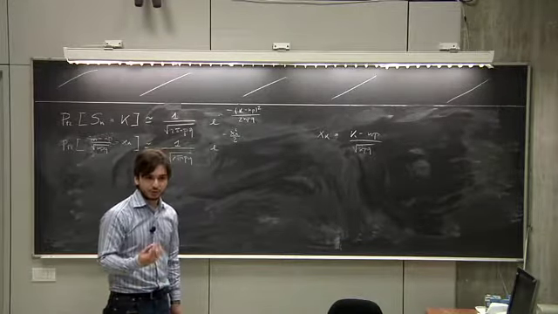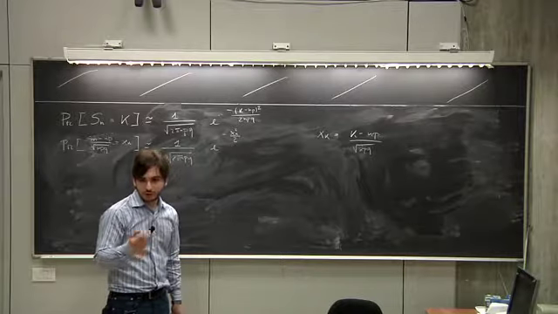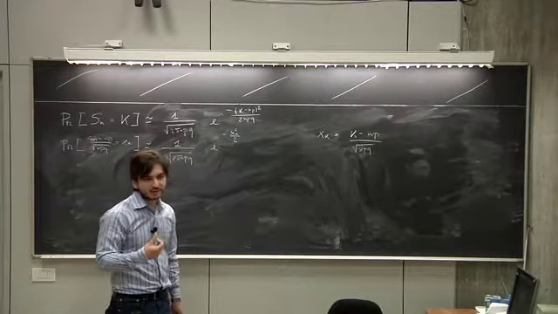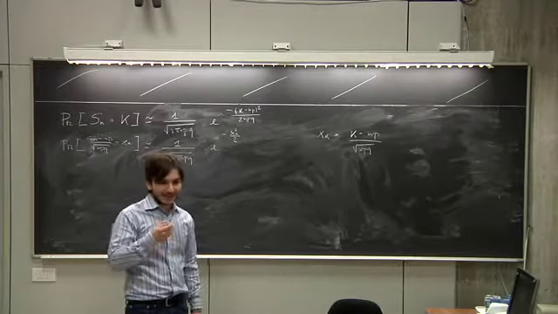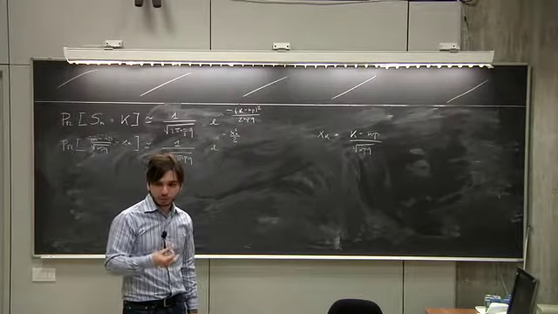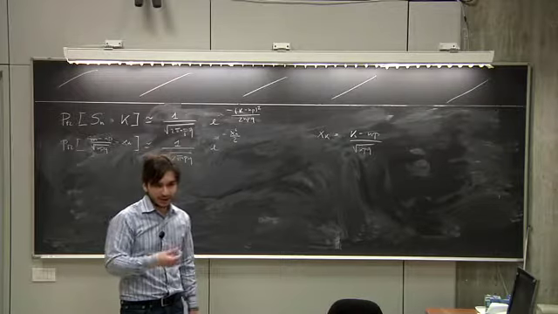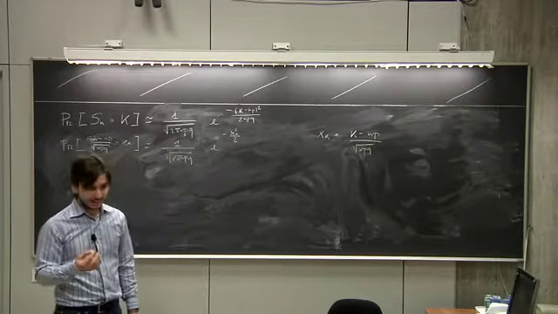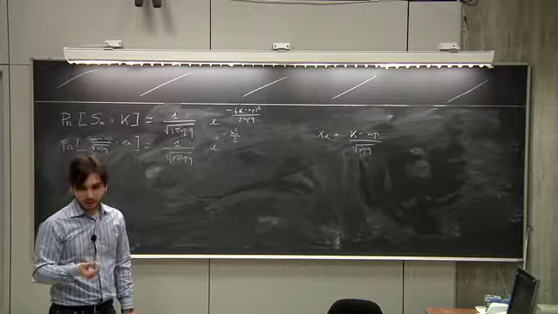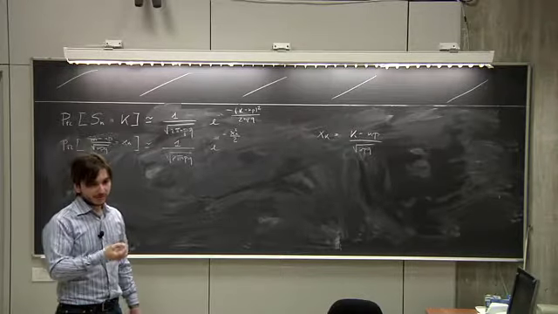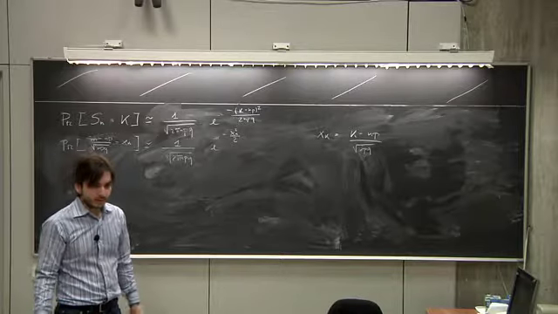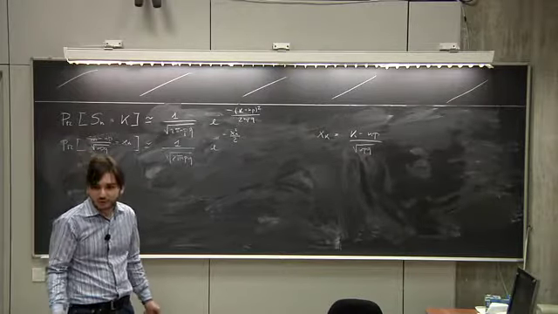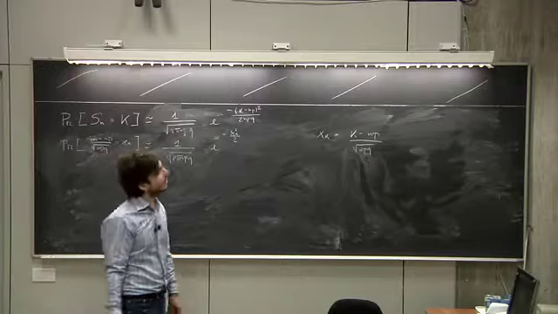It's an integer number. They're asking about the probability of having k successes when you do n trials. So k cannot be larger than n, of course, and it must be 0 at the lower limit. Because it's an integer number, you cannot have minus 1 successes, it doesn't have any meaning.